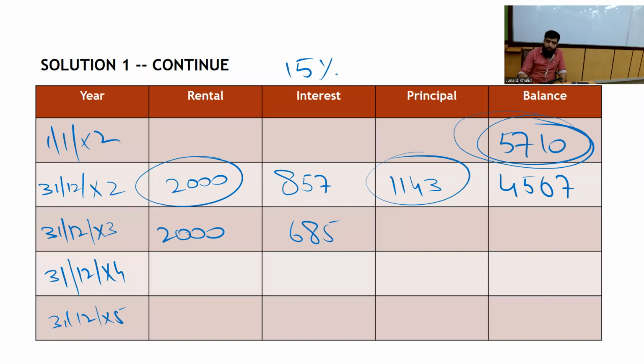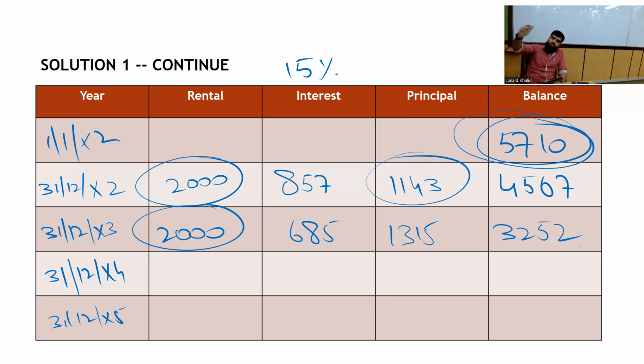While paying the rental of $2000, the lessee would be paying interest of 685, which means 2000 minus 685 makes 1315. The lessee has paid principal of 1315, so 4567 minus 1315 leaves the remaining lease liability of 3252.